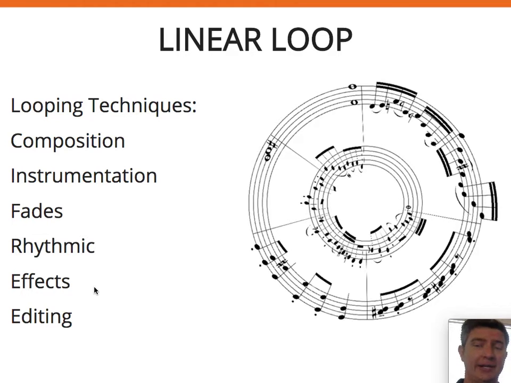DJs do this a lot as they go from one record to another, where they'll have one tempo and they'll crossfade into a whole bunch of reverb and delays and reverses and all sorts of stuff that loses the rhythm, and then they'll move into something else at another tempo. So if you need to get back to where you were, you might break the music apart before it returns back to where it was.